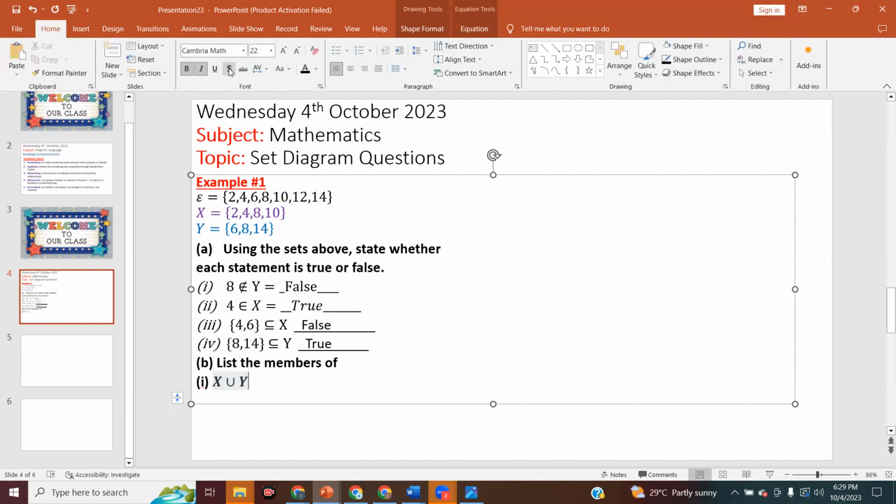List the elements of X union Y. No, I said list the elements. List the elements of X union Y.